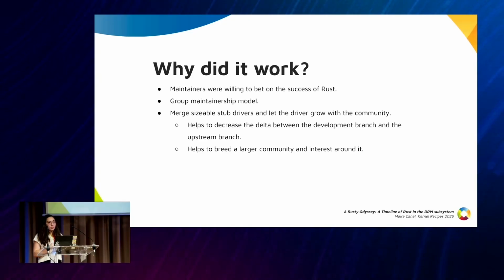The maintainer can share this responsibility of reviewing and maintaining it with other committers and contributors. And with such a model, the workload ends up being spread between committers, maintainers and developers. And I believe this had an impact to make the process of adopting Rust much smoother in the DRM subsystem.